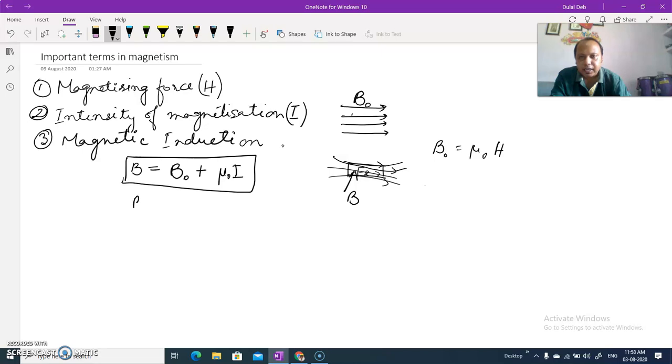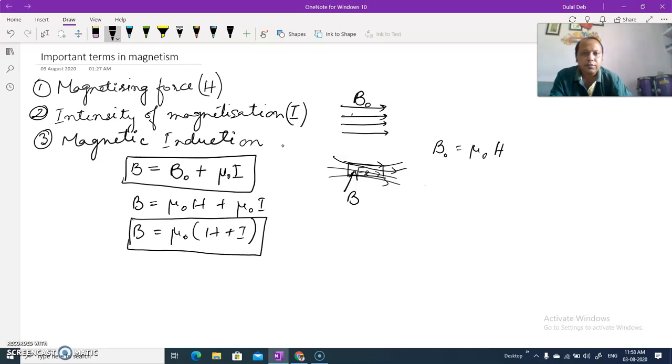So B can be written as mu naught H plus mu naught I. Mu naught can be taken as common, so we write B equals mu naught into H plus I. This represents the value of the magnetic field produced after bringing the magnetic material, and that is known as magnetic induction. I hope this is also very clear to you.